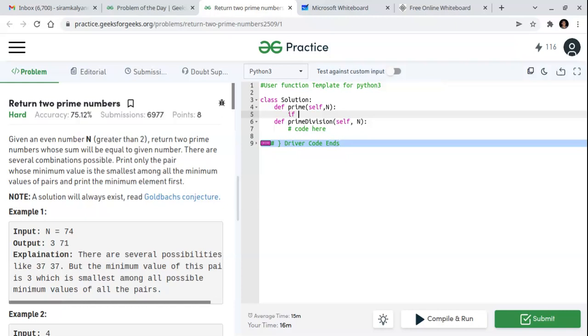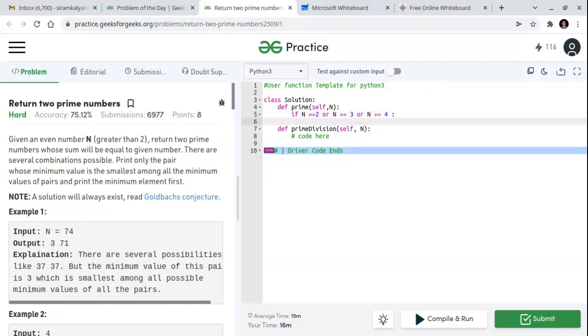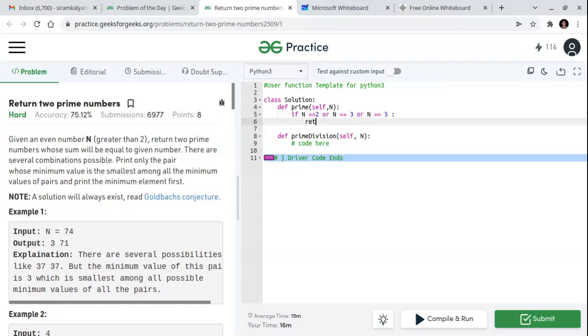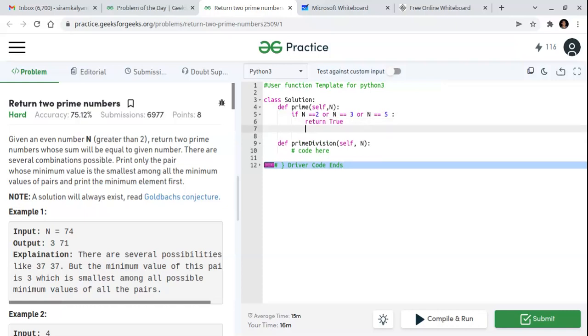If n equals 2 or n equals 3 or n equals 5, we need to return true.